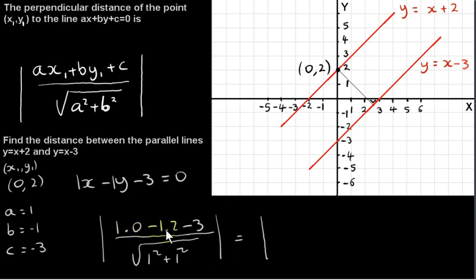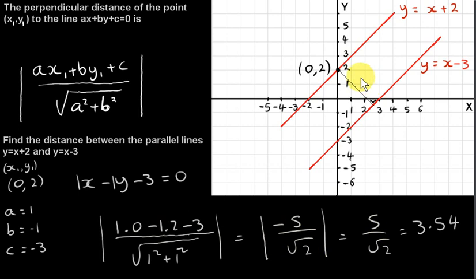So we get 0 minus 2 minus 3, that's minus 5. The magnitude of this quantity is just 5 over root 2. So to 2 decimal places, the shortest distance between the parallel lines is 3.54 units, where a unit is this distance here. This is 1 unit.